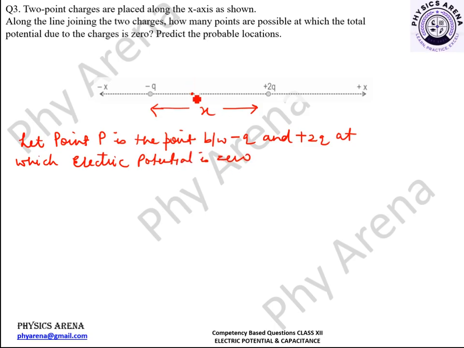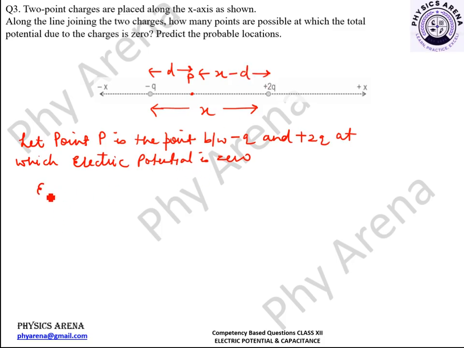So this is my point P, and this point P, say it is at a distance d from the minus q charge. So from the plus 2q charge, it will be x minus d distance.